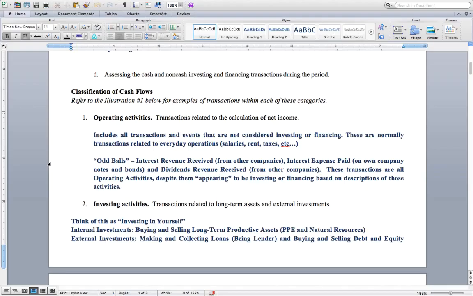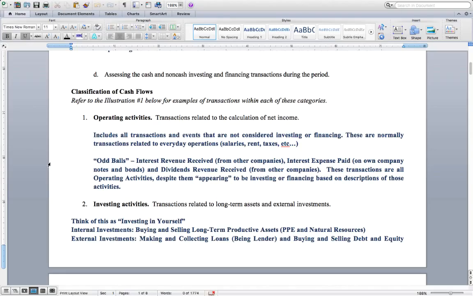There are a couple of what I'll refer to as oddballs when it comes to the operating category. There are a few items that, based on how they're described, you would not think fit into operating activities, such as interest revenue received from other companies, interest expense paid on your own company notes and bonds, and dividend revenue received from other companies.